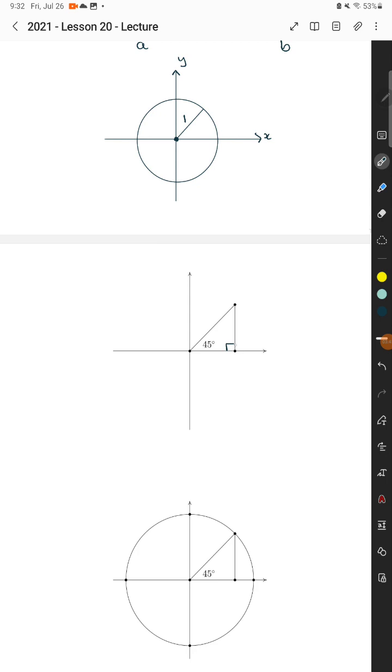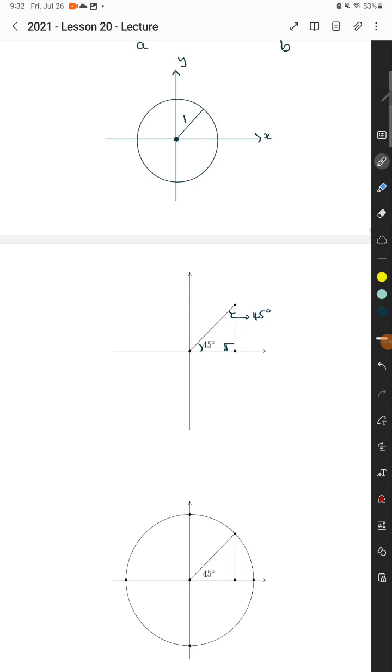We have that this is always 90 degrees, and if this is 45, then this particular angle has to be equal to 45 degrees as well, because the angle over here and the one over here must sum up to 90 degrees.